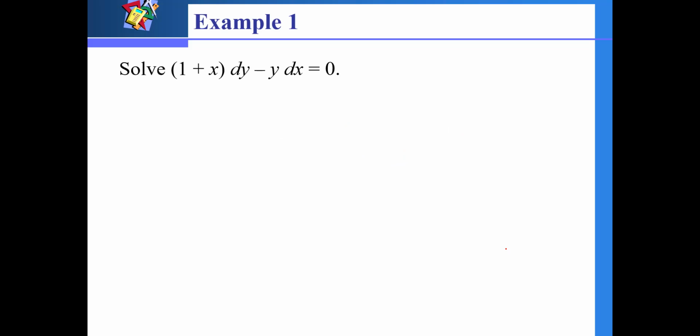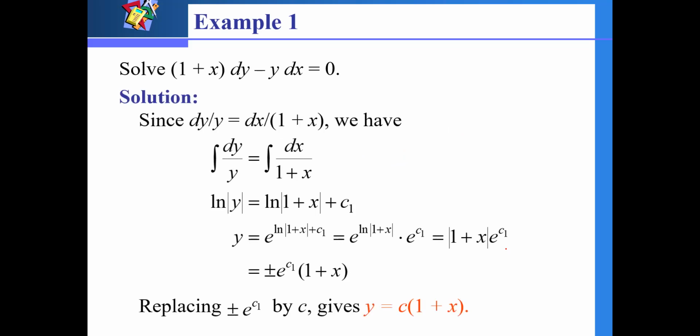Okay, so this is the example. If we have this equation: (1 plus x) dy minus y dx is equal to 0. We can write it like this: (1 plus x) dy is equal to y dx, right?